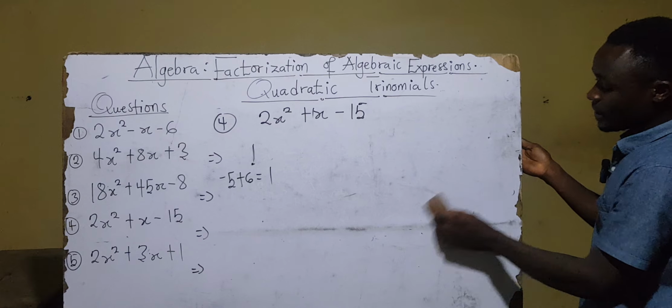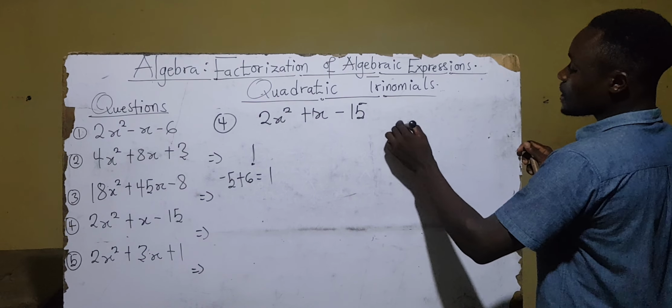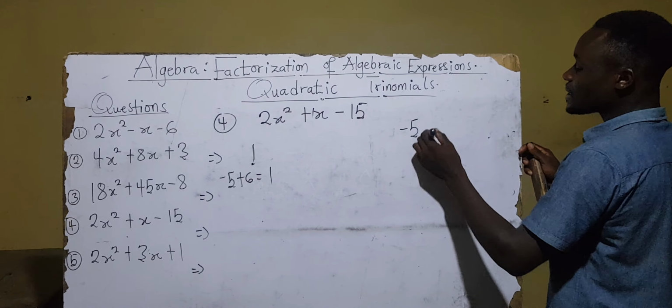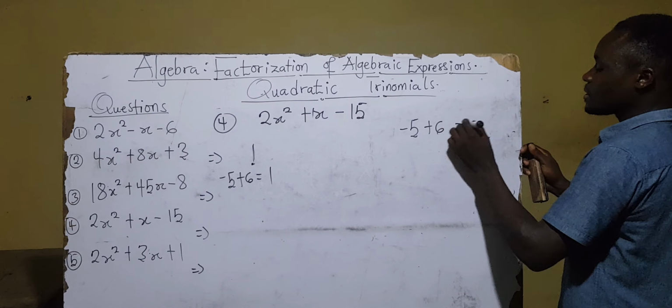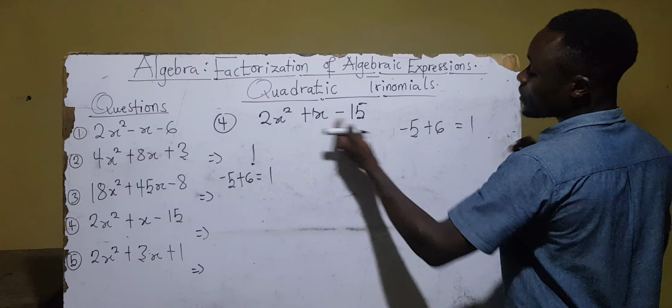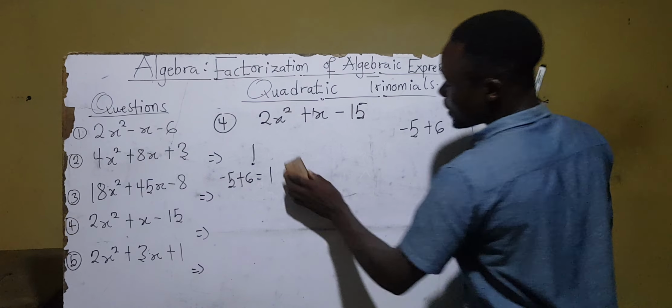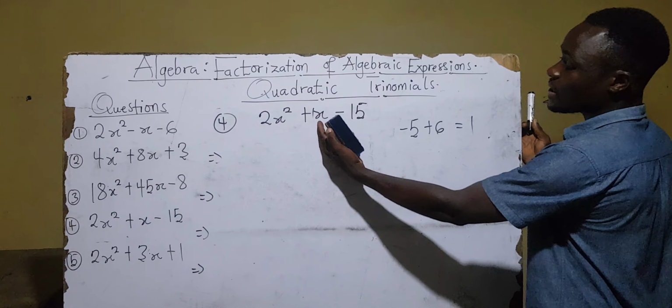So we are done with this part. Now, we deduced that negative 5 plus 6 gives us positive 1, as we're looking for. So now we are going to expand the 1x.